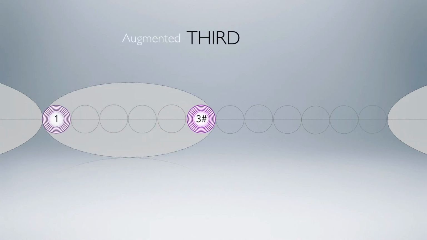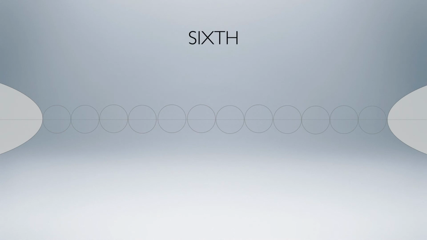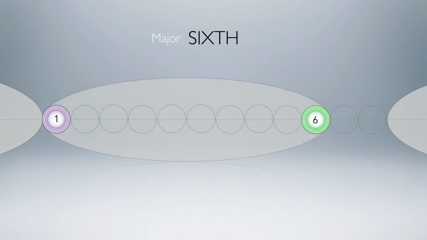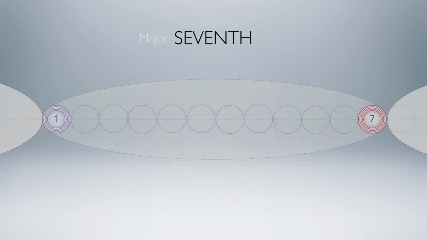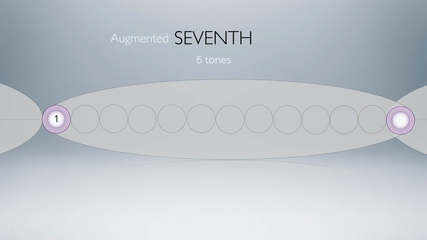An augmented third corresponds to a perfect fourth. An augmented sixth corresponds to a minor seventh. And finally, an augmented seventh corresponds to a perfect octave.